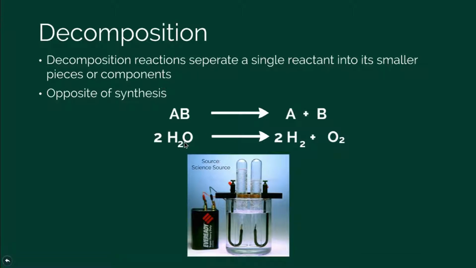If you can imagine down at the molecular level, we have water molecules here that are being split. Their chemical bonds are being broken from each other, and they're splitting into the individual elements. Here we have hydrogen gas as well as oxygen gas being collected in these tubes that are set into the whole experiment.